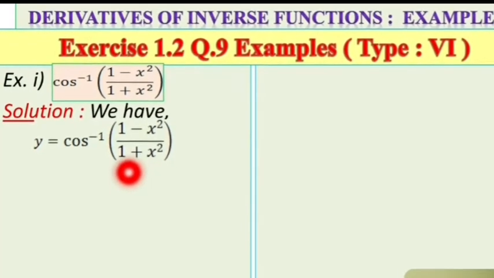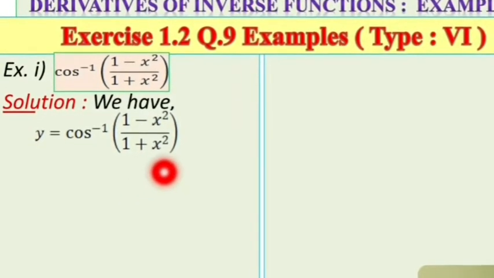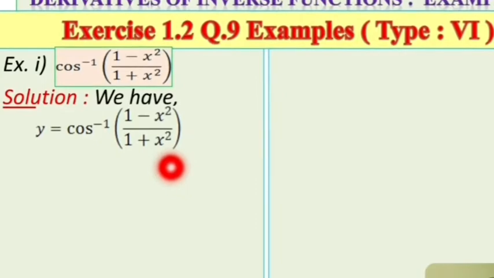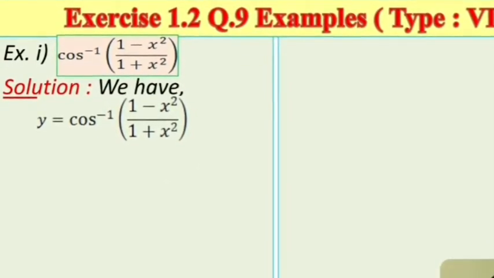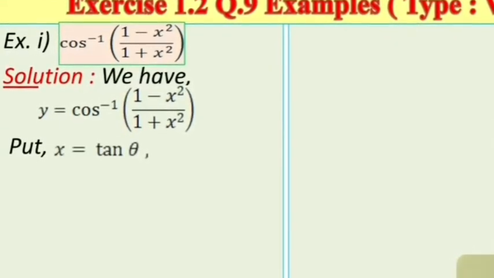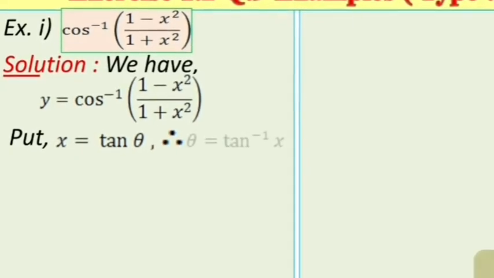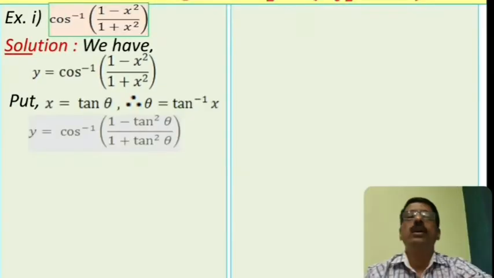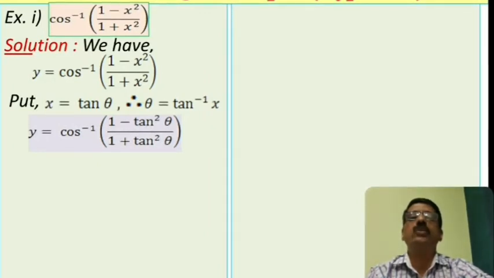Then it becomes 1 minus tan square theta upon 1 plus tan square theta, and we apply the formulas of trigonometry. With the substitution x equal to tan theta, of course theta equal to tan inverse of x, and therefore y equal to cos inverse of (1 minus tan square theta upon 1 plus tan square theta).